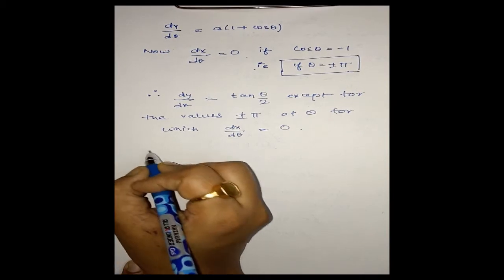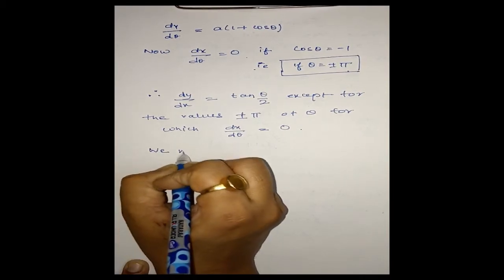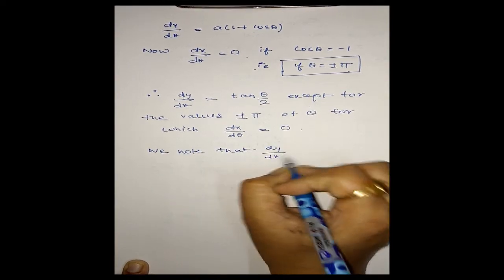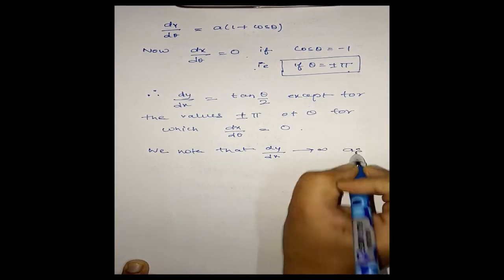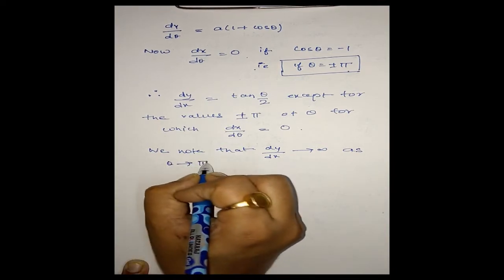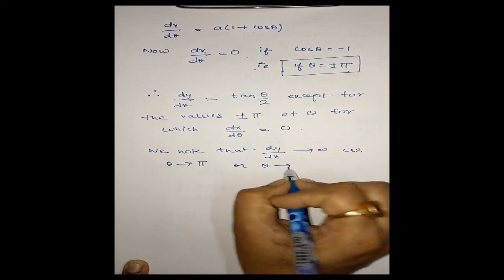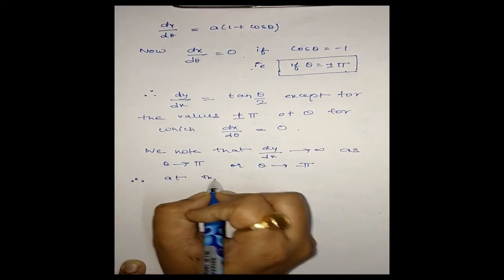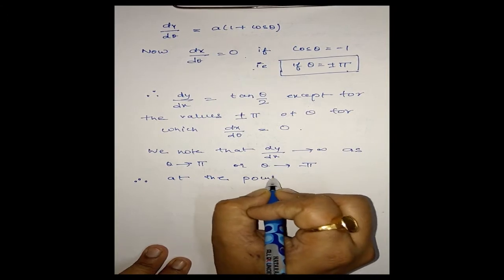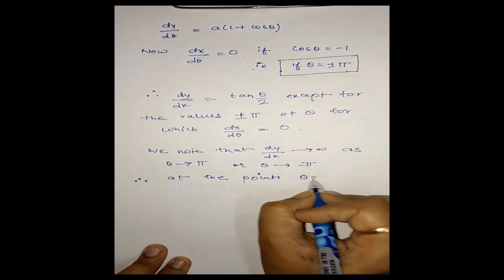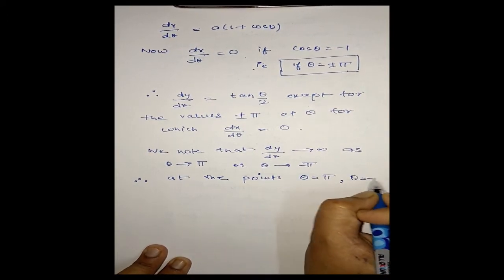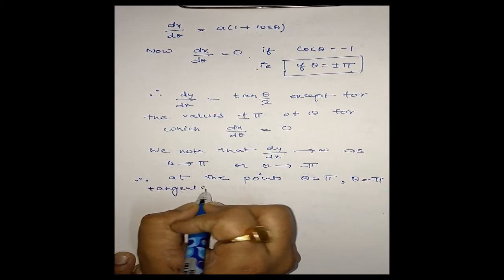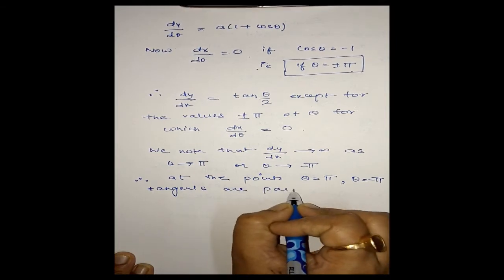We know that dy/dx tends to infinity as theta tends to pi or theta tends to minus pi. Therefore at the points given by theta equal to pi and theta equal to minus pi, tangents are parallel to the y-axis.